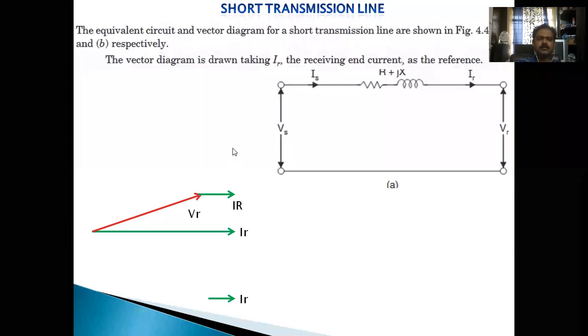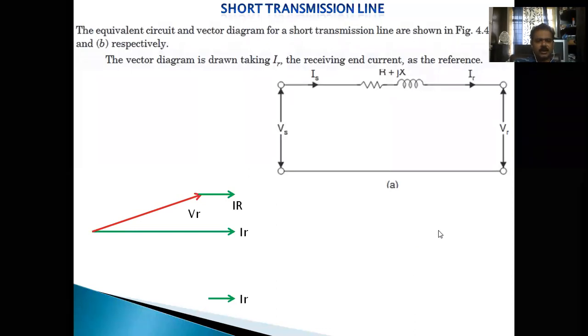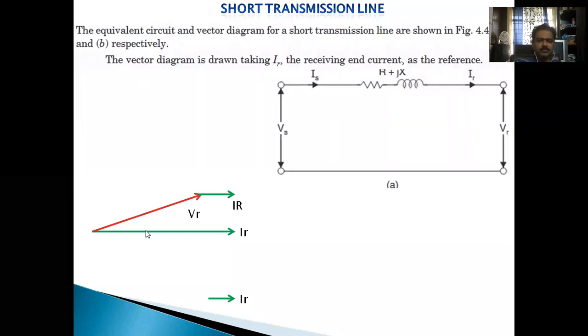Now, in case of pure inductance, the current lags behind the voltage by an angle of 90 degrees. Here it is an inductive load, so the current is behind the voltage by an angle theta. But in case of a pure inductor, the value is going to be 90 degrees. The current lags behind the voltage by 90 degrees.